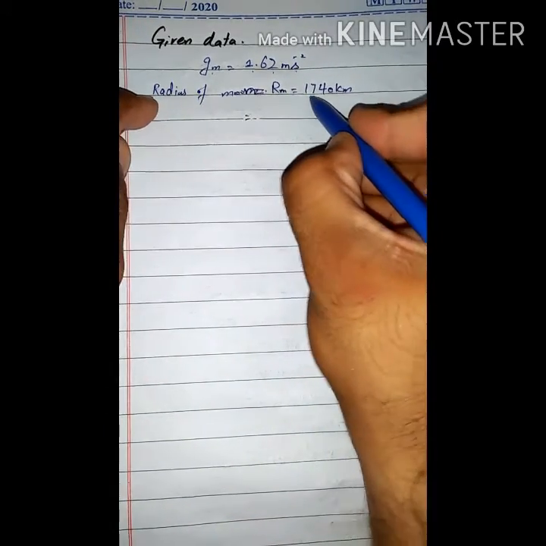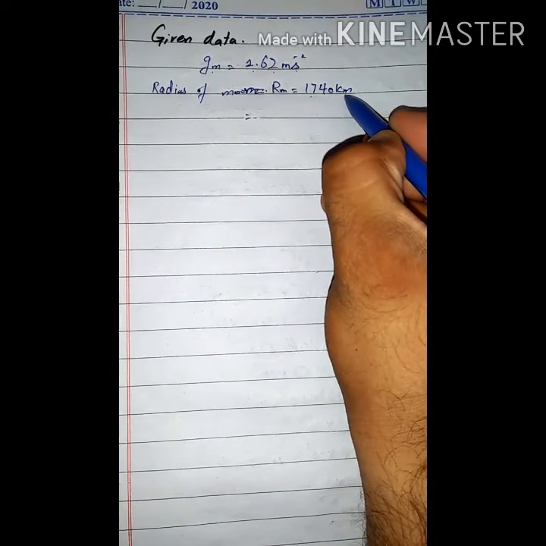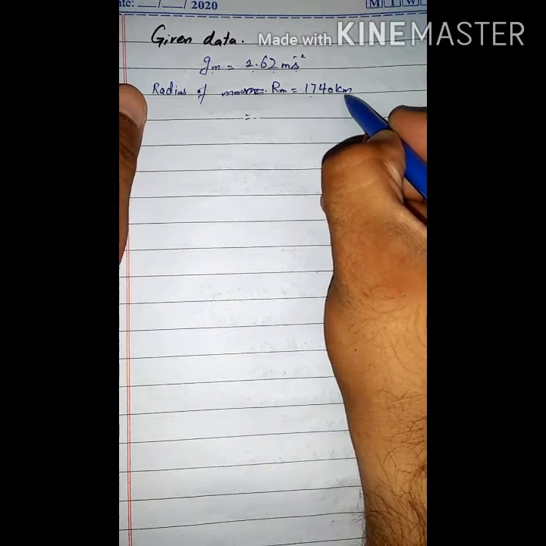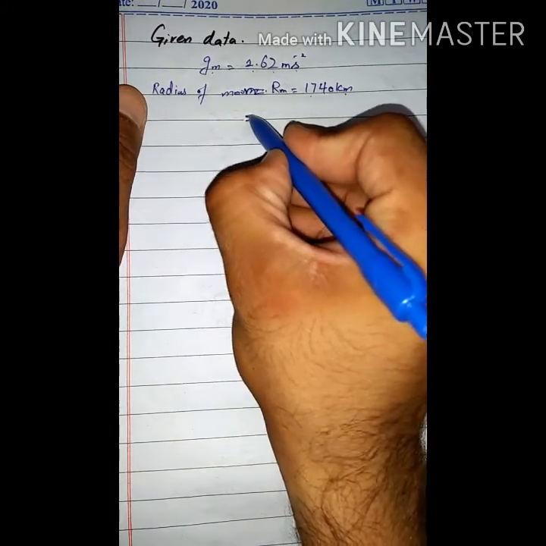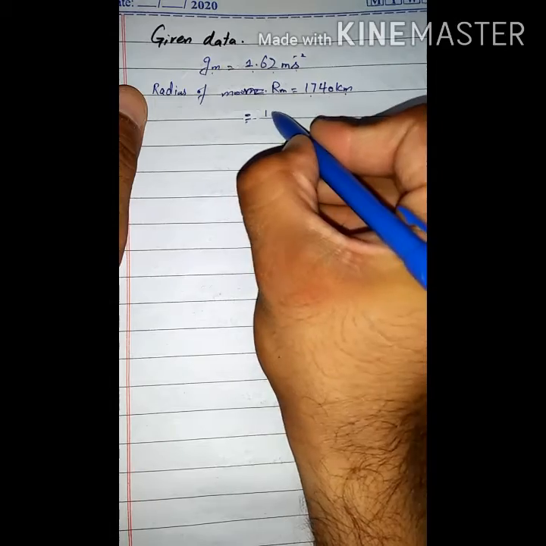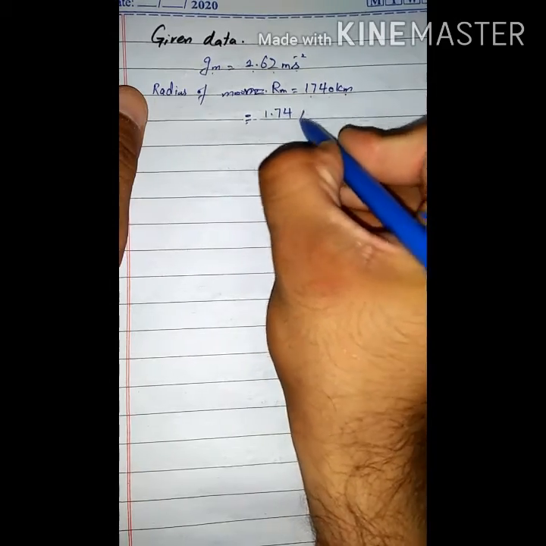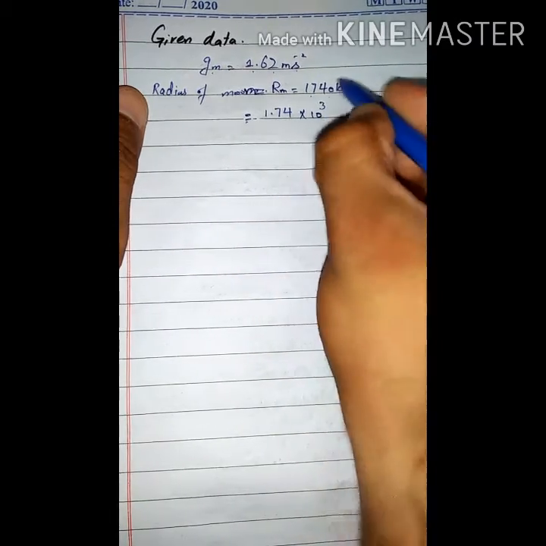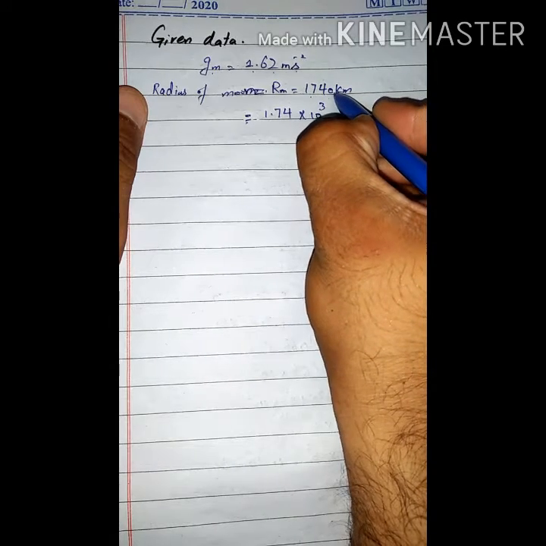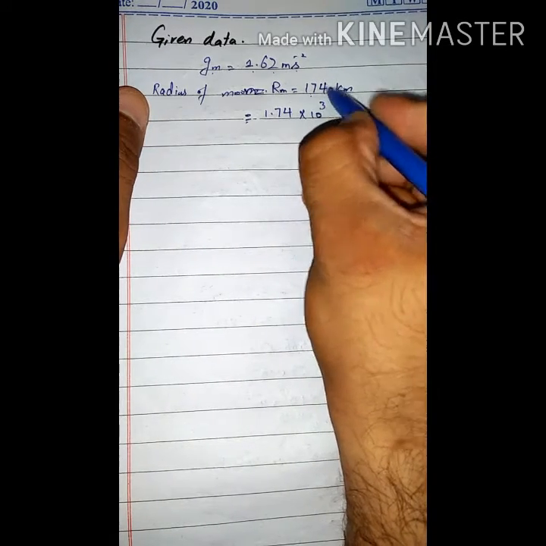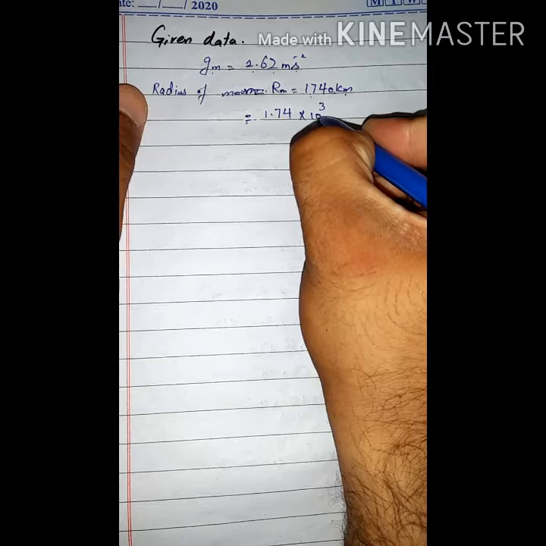Radius of the moon is 1740 kilometer, and we will convert it into the scientific form as we did in the previous. So 1.74 multiplied by 10 to the power 3, because we take the point from here to here, then the 10 power will be in positive form 3.